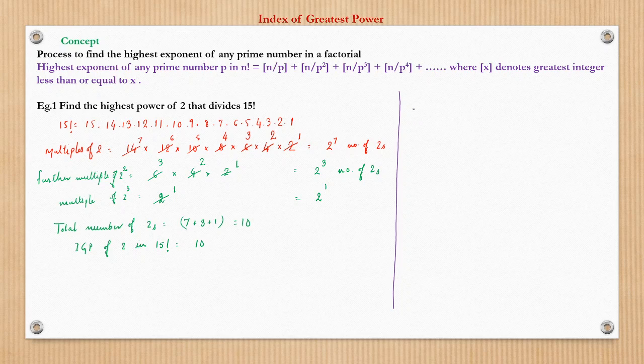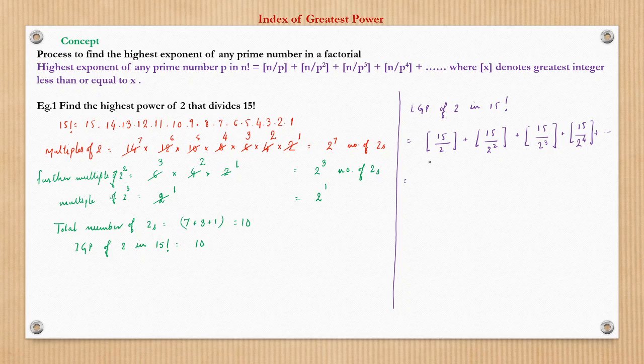So IGP of 2 in 15 factorial can be given as, this is the greatest integer function, I'll explain this, 15 upon 2 plus 15 upon 2 square, which is 4, plus 15 upon 2 cube, plus 15 upon 2 raised to power 4, and so on.